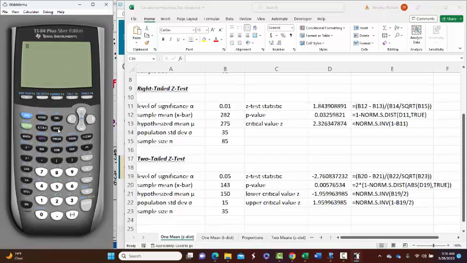But the good news is, we just used the command to get the calculator.